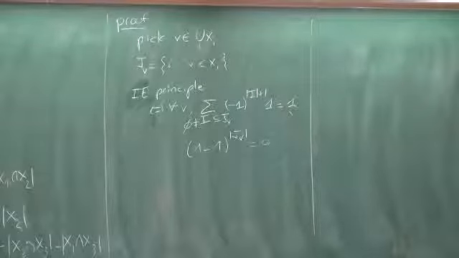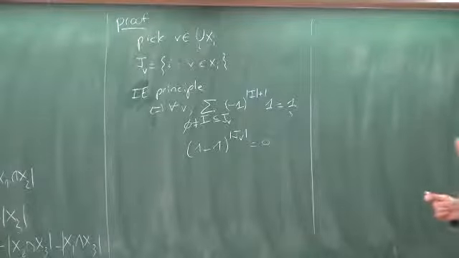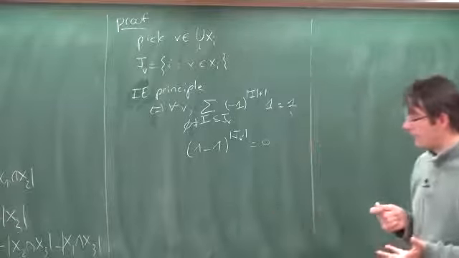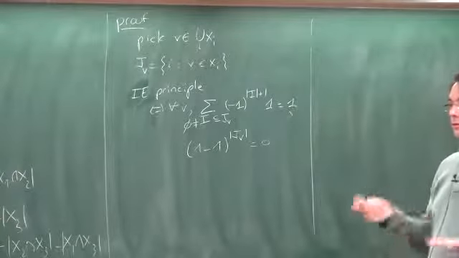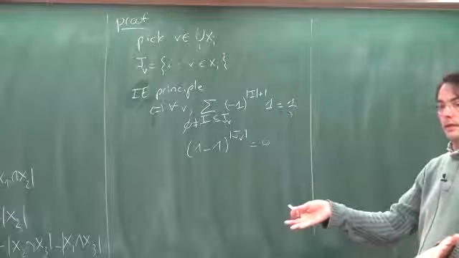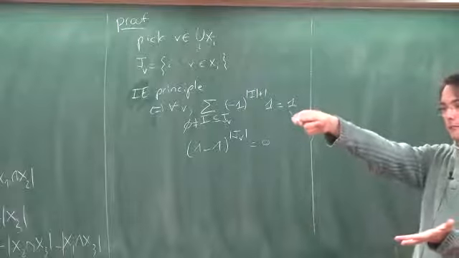Now, this principle, you find it in many textbooks. It's very useful. It's useful in combinatorics when you want to count objects that, for example, have a certain property, and it's easy to identify objects that miss the property. For example, if you have a graph and you want a dominating set, it's easy to say that a set of vertices is not dominating because it doesn't touch this vertex.